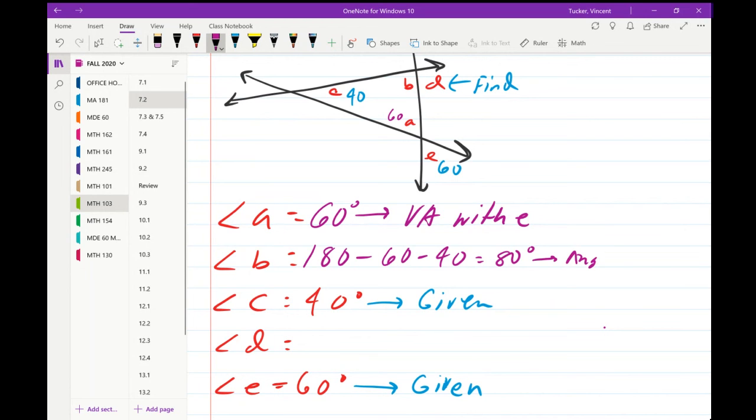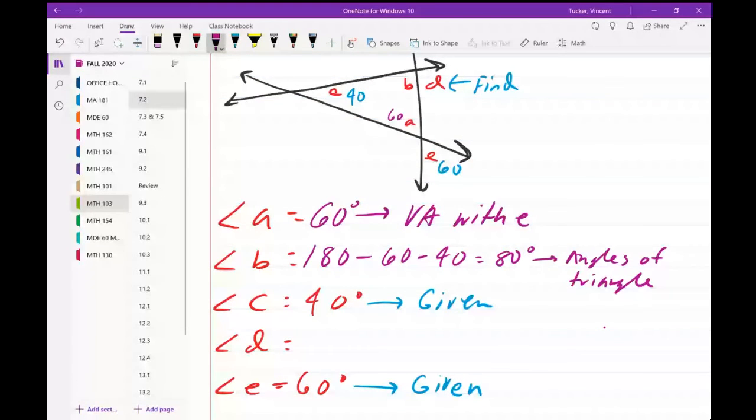And that's because angles of a triangle add up to give you 180 degrees. So we had two of them, and we subtract those two from 180, and that'll give us the third one. All right, so that's 80.